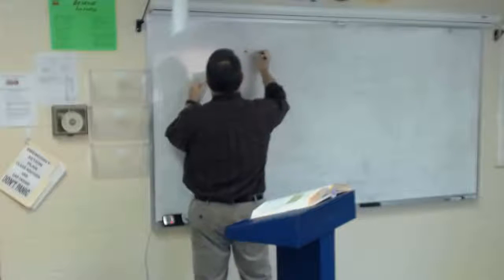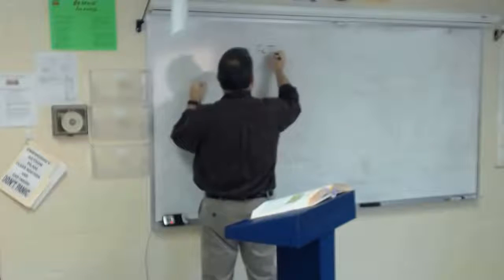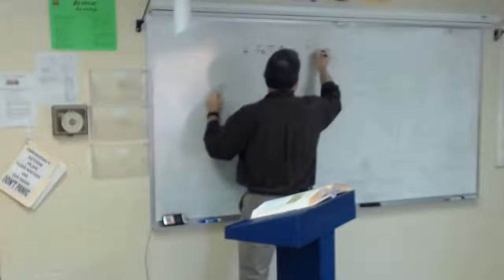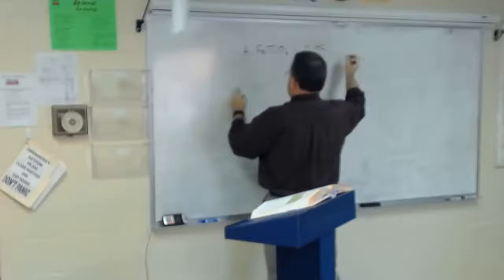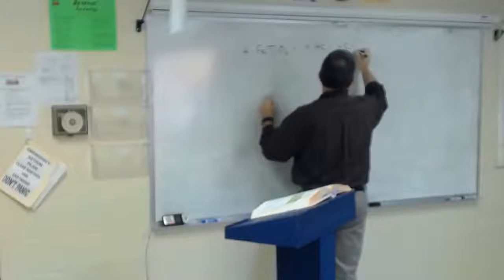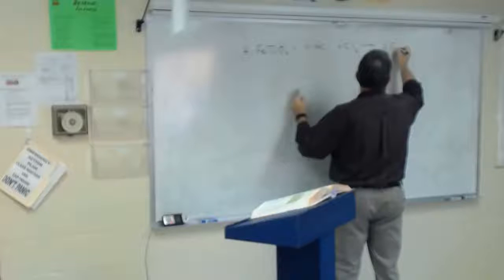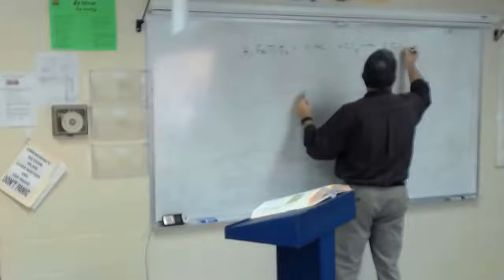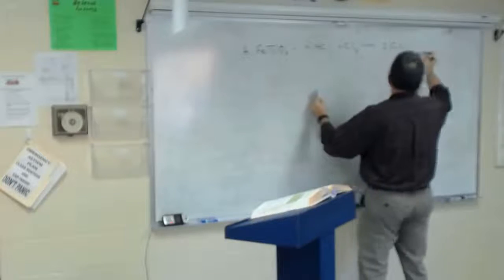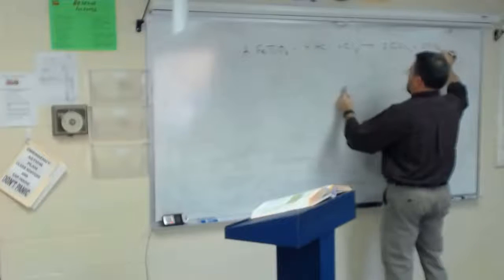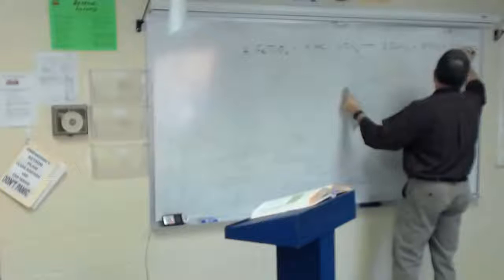So 2FeTiO3 plus 4 hydrochloric acid plus chlorine molecule reacts to produce 2 iron trichloride plus 2 titanium oxides plus 2 water.